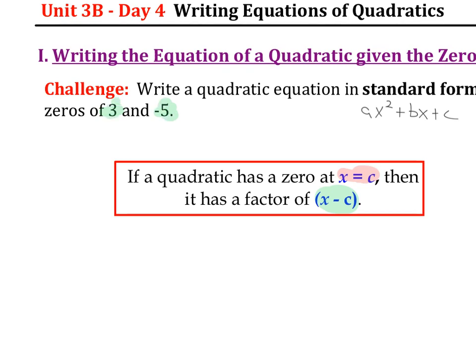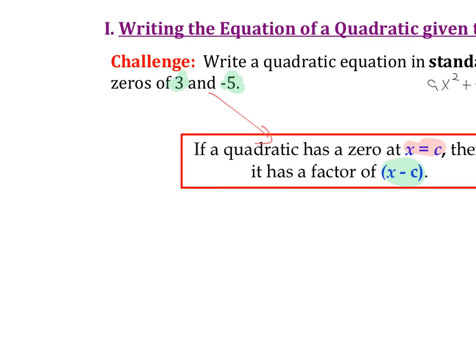Well, if I apply the logic right here, I can then say if there's a 0 at 3, then there has to be a factor of x minus 3 that would produce that. Similarly, if there's an x-intercept, or a 0, at negative 5, then I have to see a factor of x plus 5. Remember, the values of your zeros are always going to be the opposite of what you see in the factor. So positives and negatives, you'll always be using the opposites there.